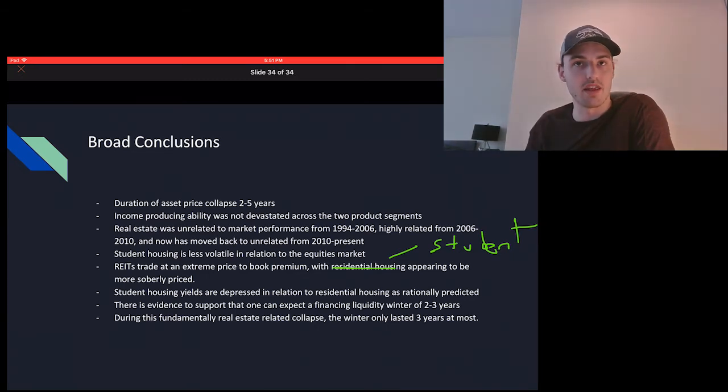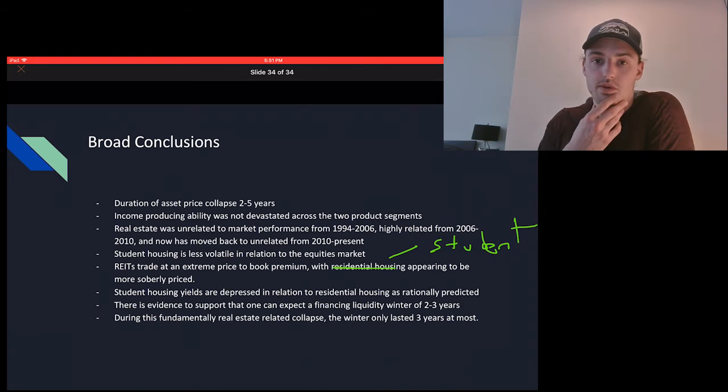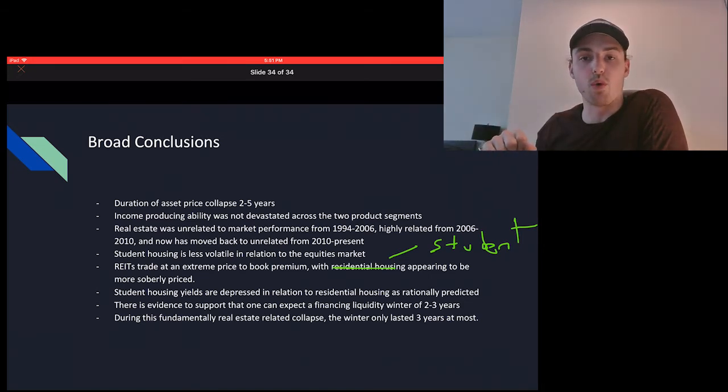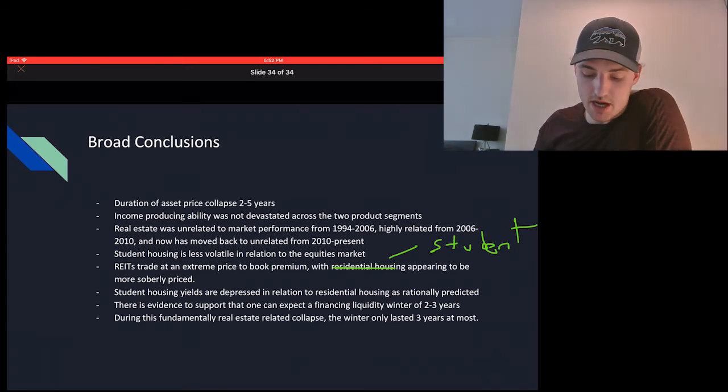And once again, I think that this is because it's bought by smart money, large scale transactions, professional buyers, which stays away from forces that would otherwise get the market into extreme speculation and bubbles. Student housing yields are depressed in relation to residential housing, as rationally predicted, once again.